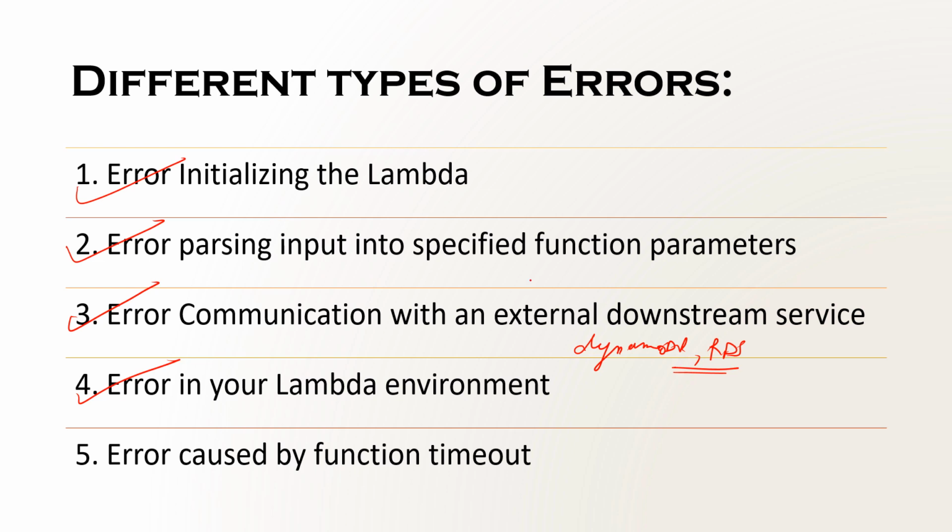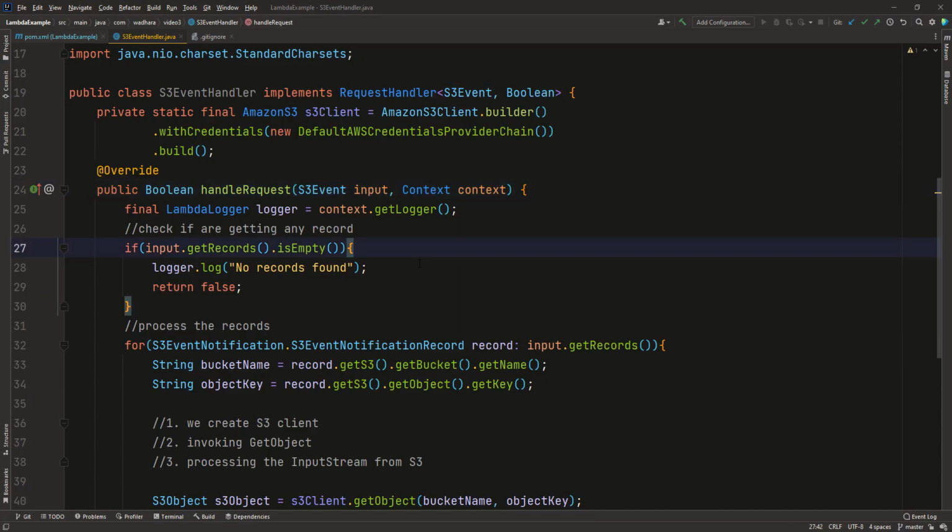And the fifth and last one is function timeout. You have to make sure enough time is allocated to your Lambda function, and you can check internally in your code to make sure your Lambda shuts down gracefully in case a timeout error occurs. Let me tell you how you can do that. If you have watched my previous videos, you would have a fair idea about this context object.